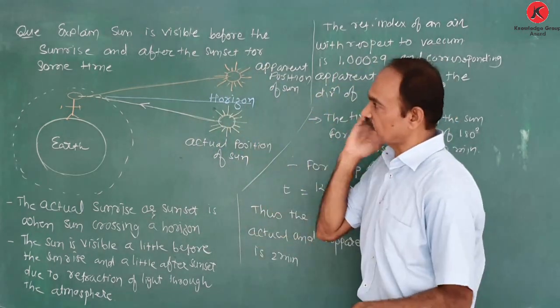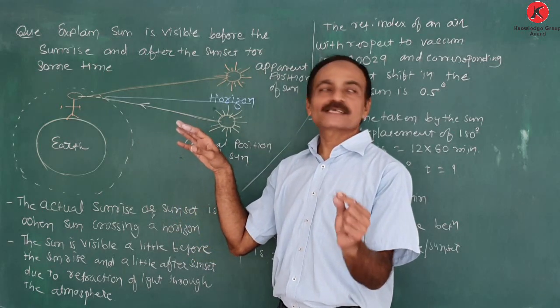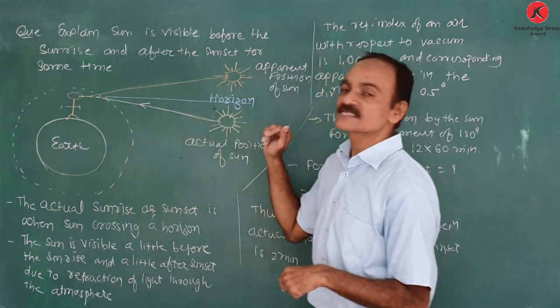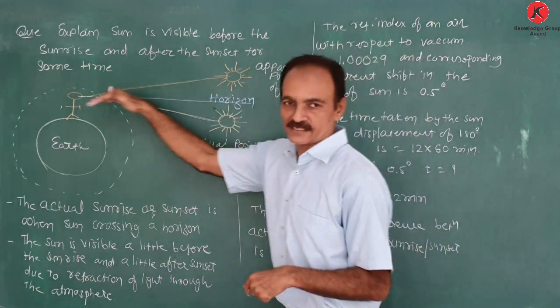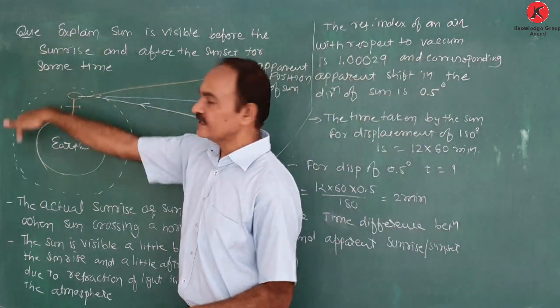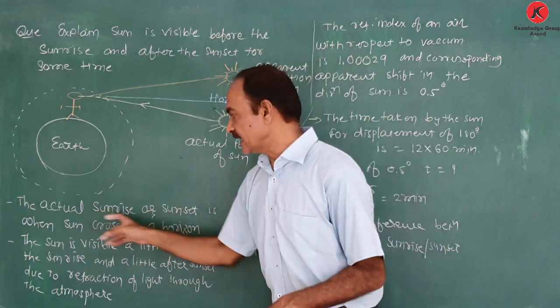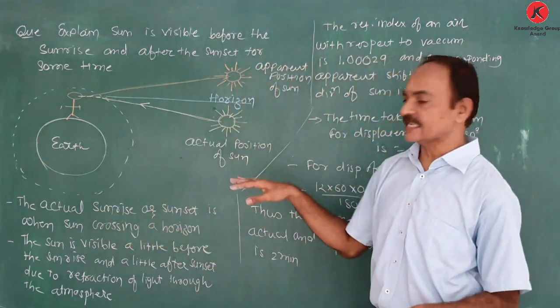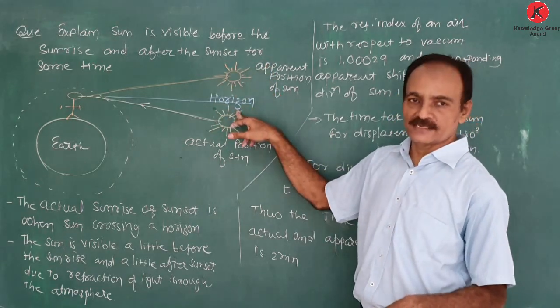For that purpose, first we must be clear about what the actual sunrise and actual sunset are. When the sun is crossing the horizon, at that time the sunrise, or on this side the sunset, takes place. The actual sunrise and sunset is when the sun is crossing the horizon.